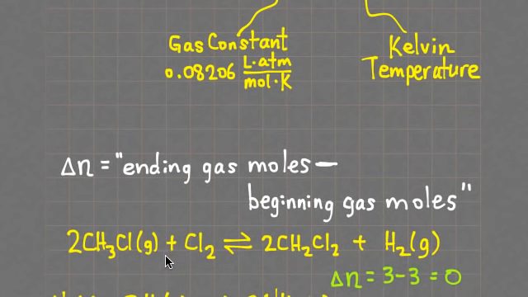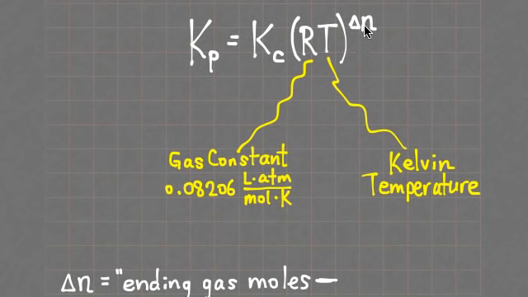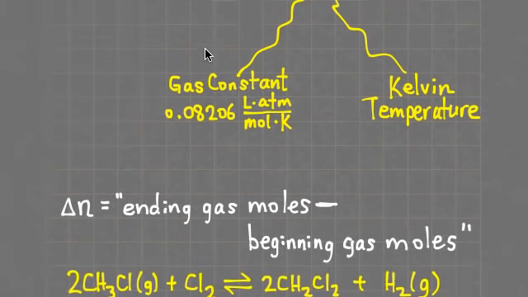And so here I'm not changing the number of gas moles at all. On the left-hand side I have 1, 2, 3 moles of gas. On the right-hand side I have 1, 2, 3 moles of gas in the equilibrium. And so for this one, the Kp and the Kc would be exactly the same because the delta n was 0. If the delta n is 0, anything to the 0 power is 1, and this one equals that one.